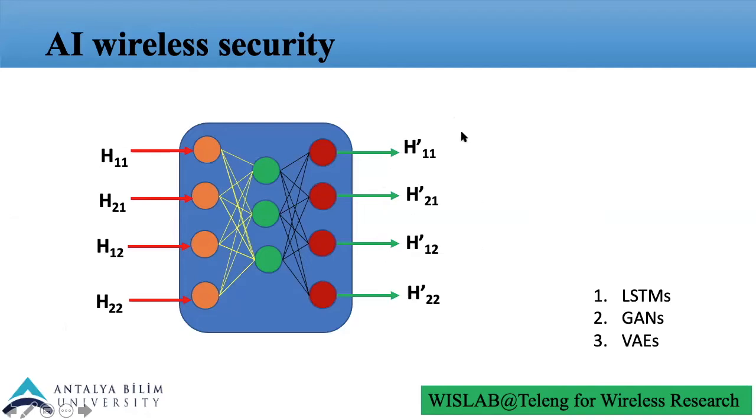And this will also improve the efficiency of this model significantly. And we can also do that by using one of these LSTM or generative adversarial networks or variational autoencoders.